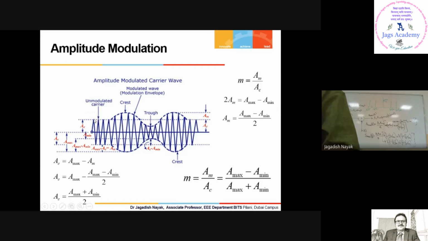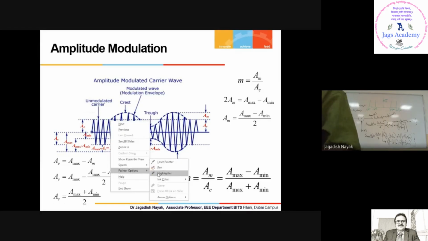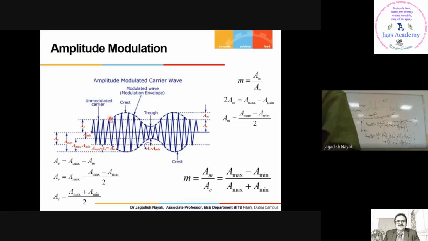This is the carrier amplitude. The carrier is varied with respect to this reference. This is the Ac. This is also an AM wave, but this has a carrier component in it, and you see it is varying with respect to this.